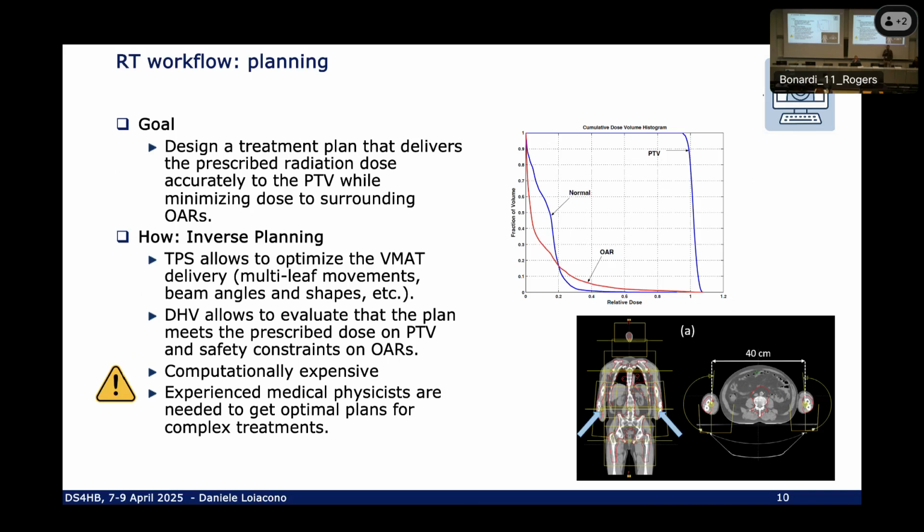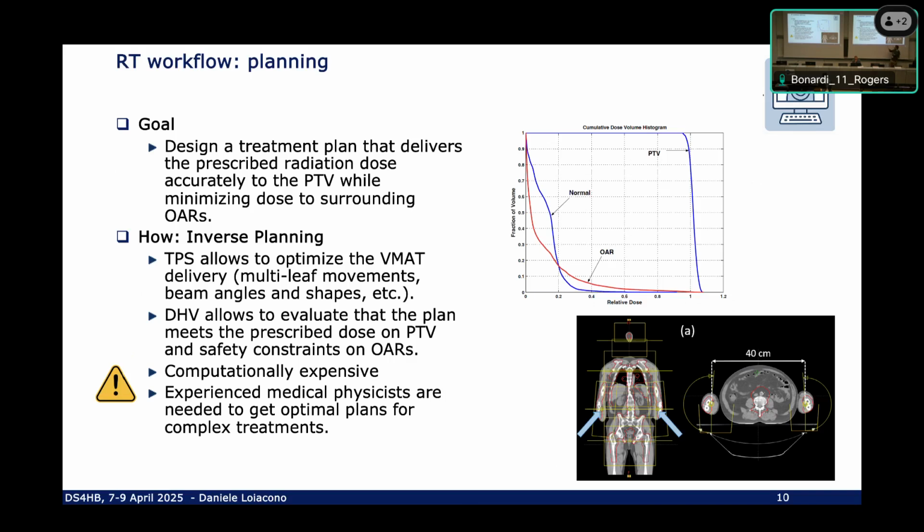This involves solving a quite complex inverse optimization problem where we need to understand how to move all these in such a way that we hit the target. This is done using dedicated software that can solve these inverse optimization problems, called treatment planning systems, but it still requires a lot of adjustments that are typically done by medical physicists.